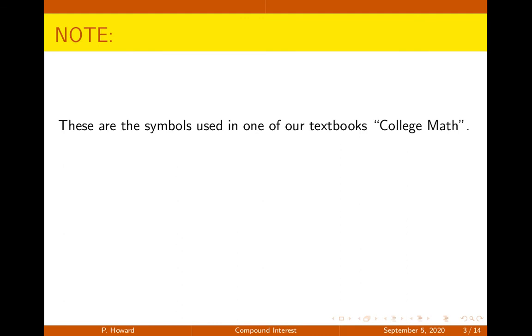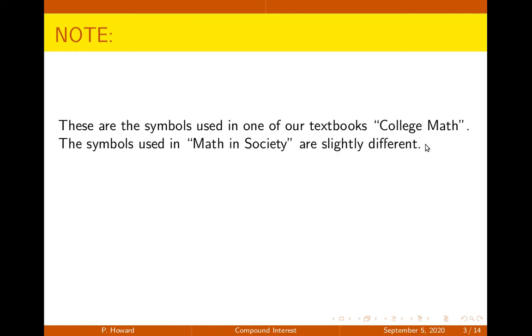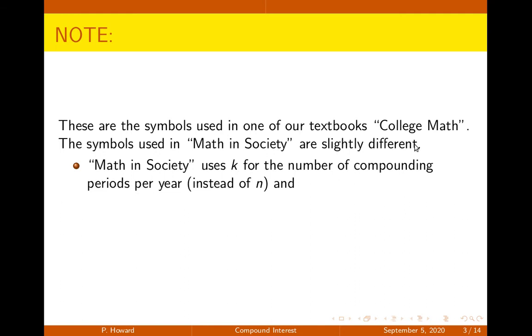So these are the symbols that our textbook College Math uses. The other textbook that we're using, Math and Society, uses slightly different symbols. Two differences, actually. Math and Society uses K for the number of compounding periods per year instead of n.